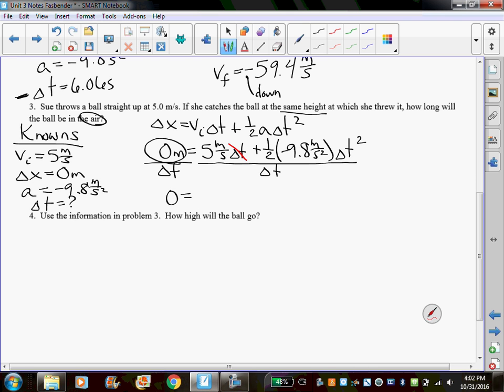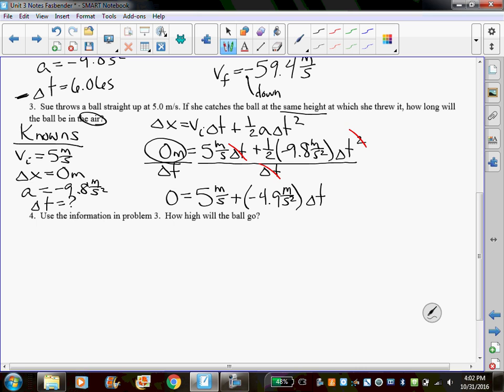And then when we do 1/2 times negative 9.8 times delta t squared divided by delta t, that causes that squared to go away. So what we end up with is 0 equals 5 meters per second plus 1/2 times negative 9.8, that's negative 4.9 meters per second squared, times delta t. And now it's just algebra, which is really great.